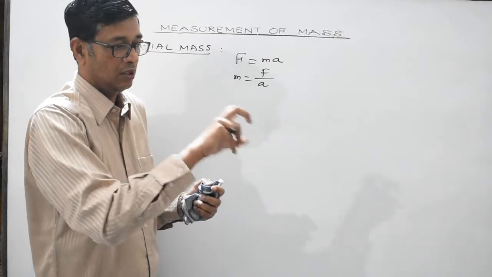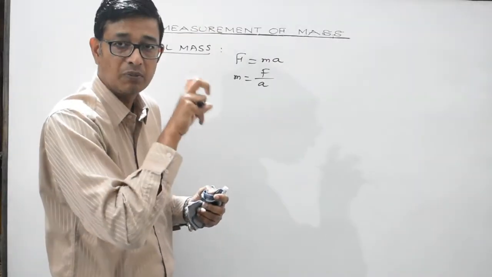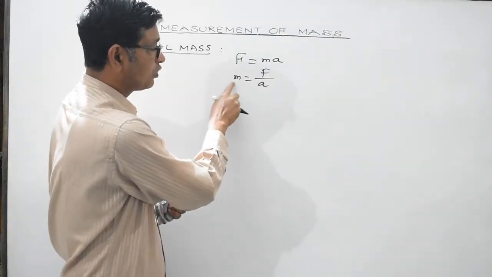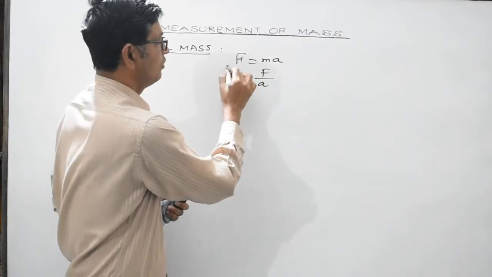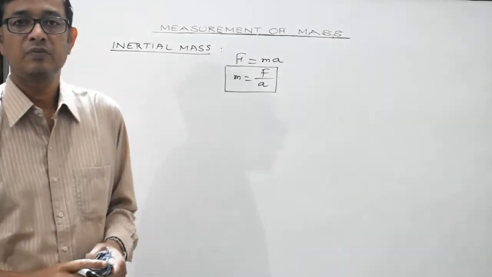So the acceleration is produced in the body by application of some external force. In such a case, the mass of a body measured by this particular formula will give its inertial mass. Right?